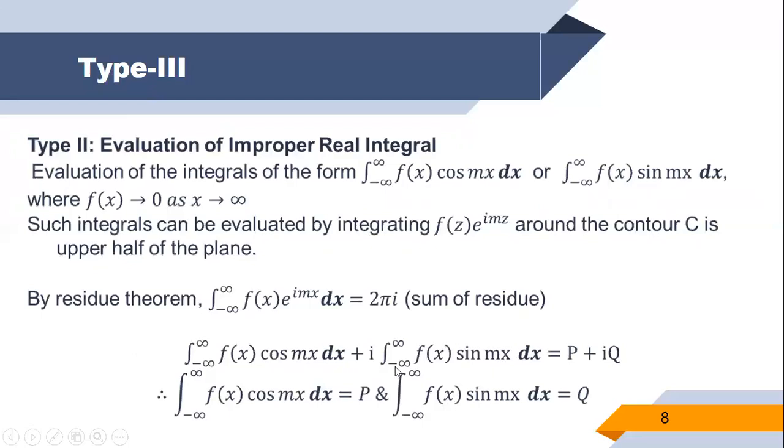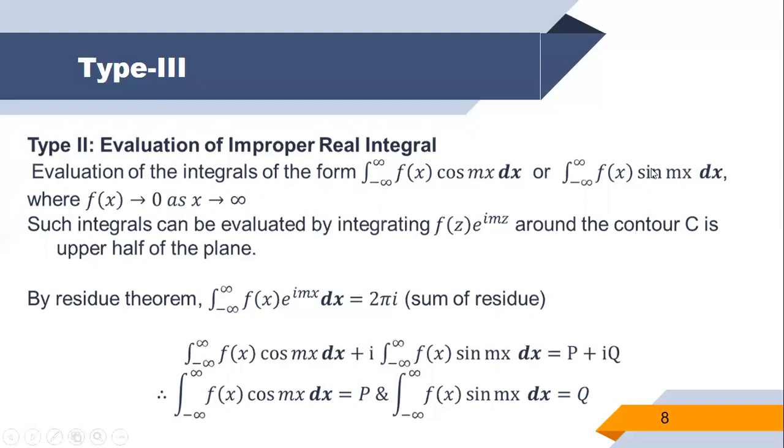Now type 3. This is similar to type 2, with only one change. This integration is from minus infinity to infinity, no problem. The function is also f of x, no problem. But one more term is there, cos mx or sin mx.